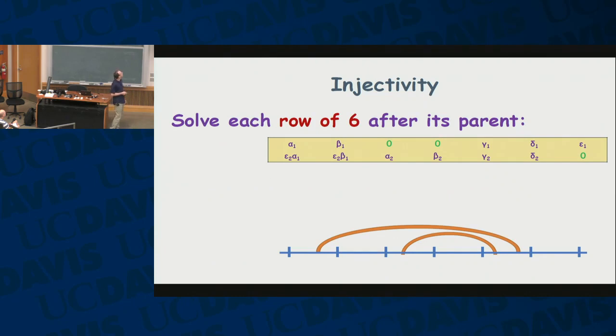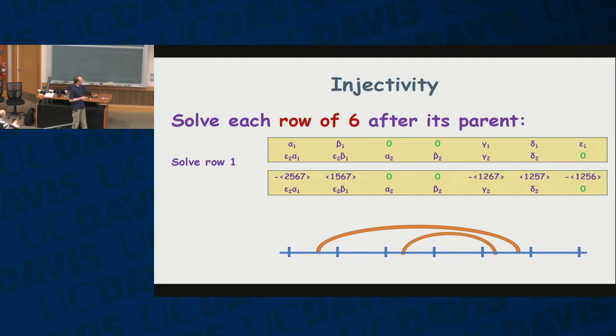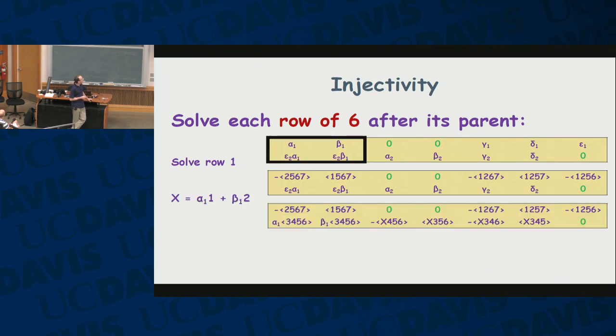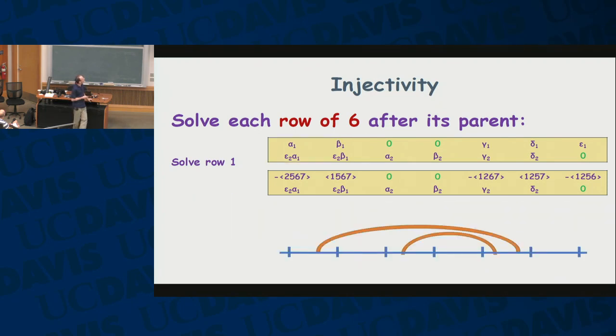Now, what can we do if we have a row of support 6? This happens when we have a chord and its child below it. Remember that in the coordinate corresponding to the starting point of the parent, we also have a proportional copy in the row corresponding to its child. So first we solve the top row, which has support 5 in this case, by twistors again. Now we already know the proportion between alpha 1 and beta 1.